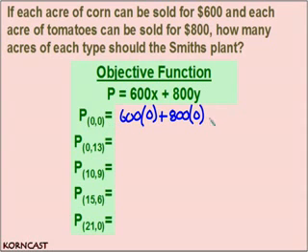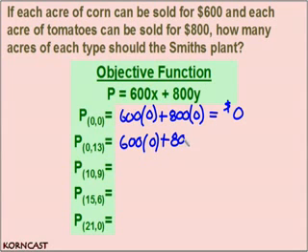And this one's pretty easy to determine that if you don't plant any corn or any tomatoes, you're going to make a profit of $0. Okay, the next one, we're going to have 600 times 0 plus 800 times, instead of Y, 13. And that product and sum is going to result in $10,400.